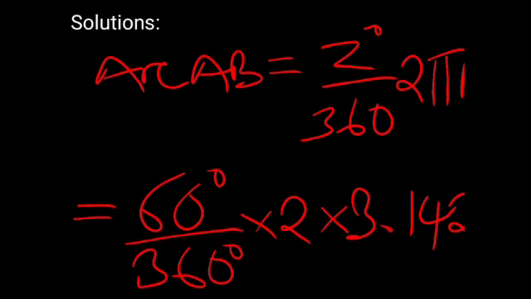So the same calculation will take place, but on radius we will now have 3,437.